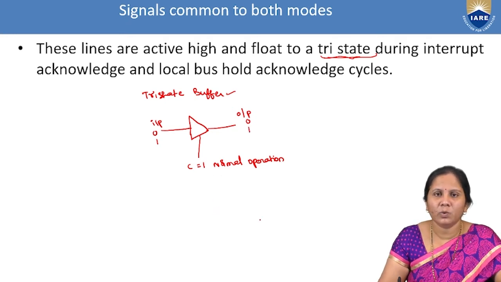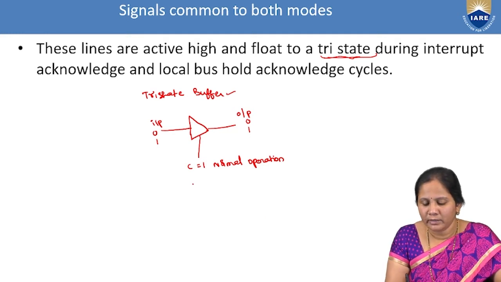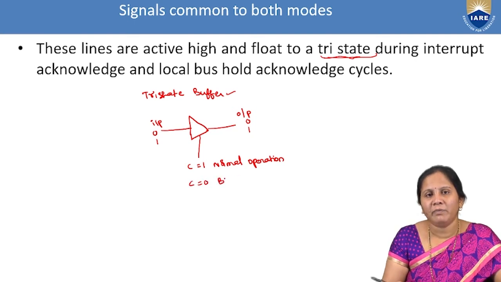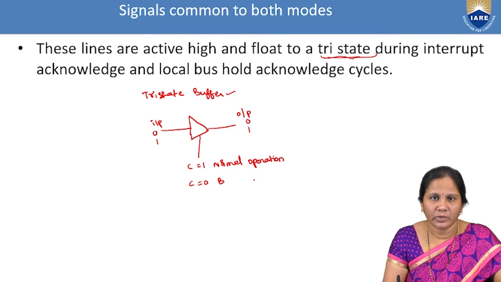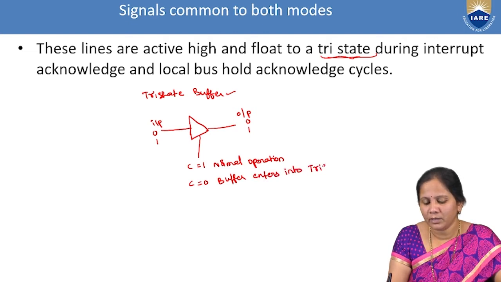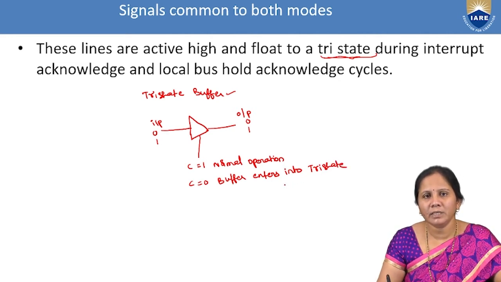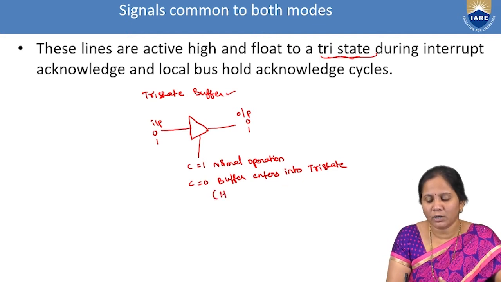And if C is equal to 0, the buffer will enter into TriState, which we can also call the high impedance state.